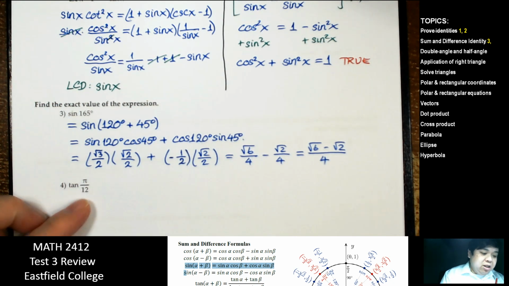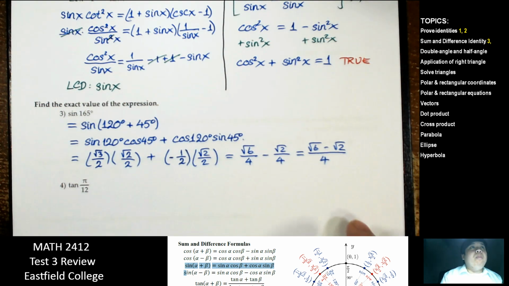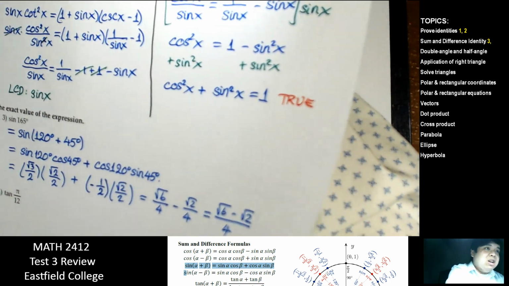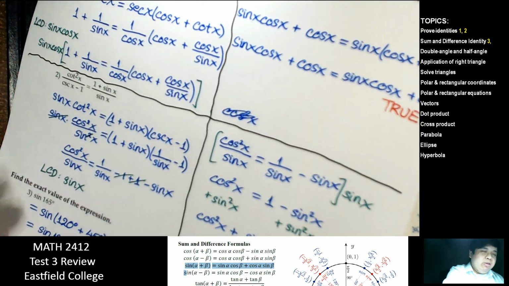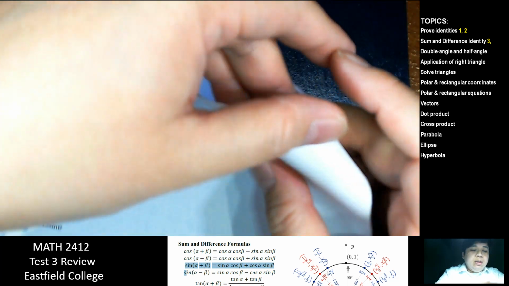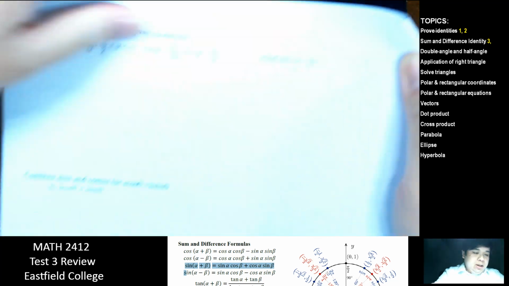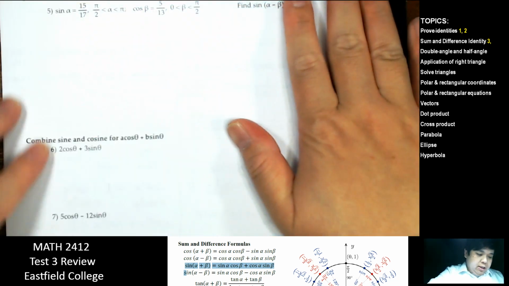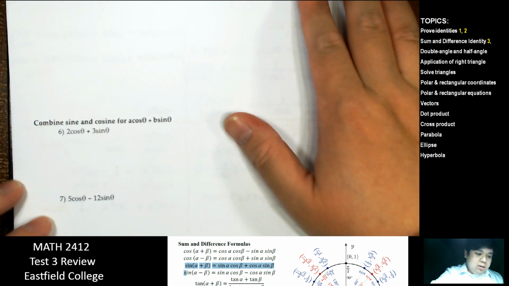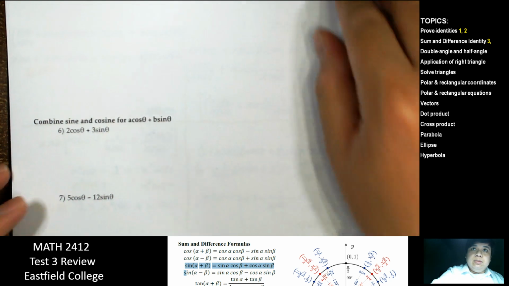So this is 15 degrees. 15 degrees, you can say 45 minus 30. So pi over 4 minus pi over 6.